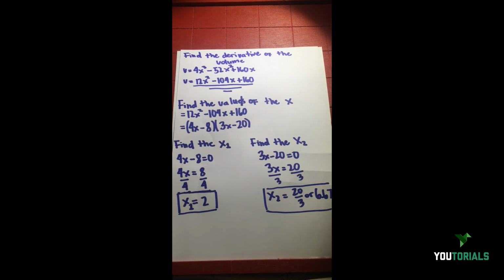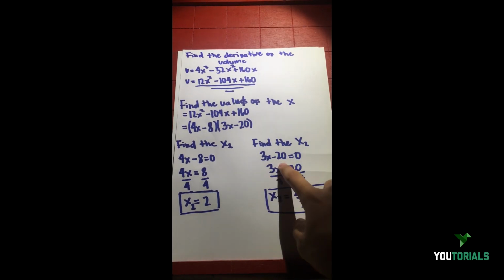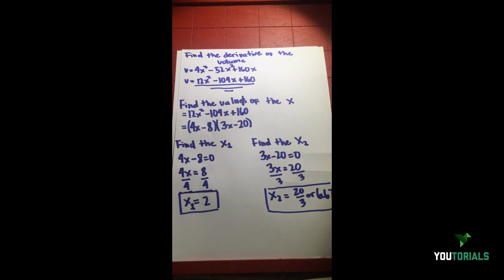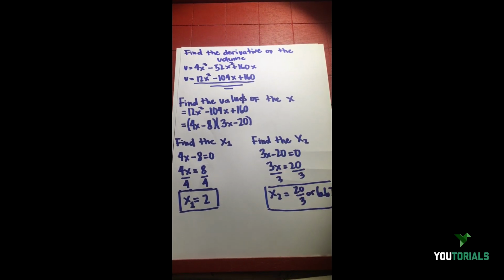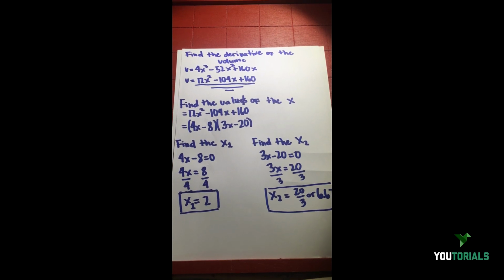Now, find the x sub 2. 3x minus 20 is equal to 0. Now, we have to transpose 20 to the other side. So that will be 3x is equal to 20. Now, to get rid of the 3, divide both sides by 3.